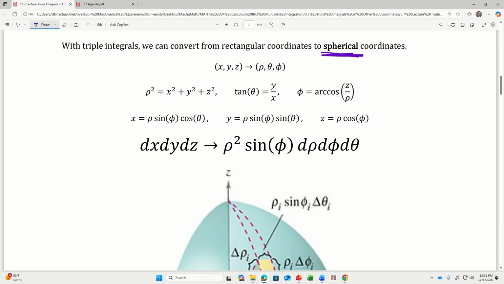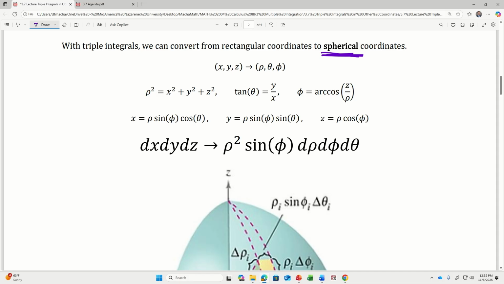So theta is an angle measured in the xy plane that's measured counterclockwise from the positive x-axis. And then phi is an angle that's measured away from the positive z-axis. So you need rho, theta, and phi to tell you where you are in 3D space.